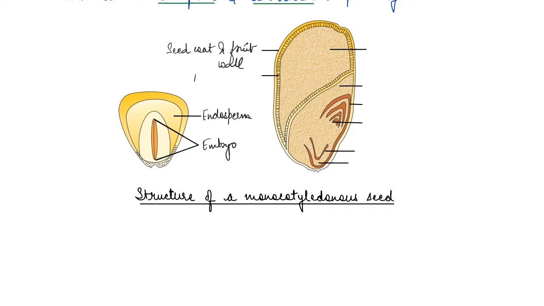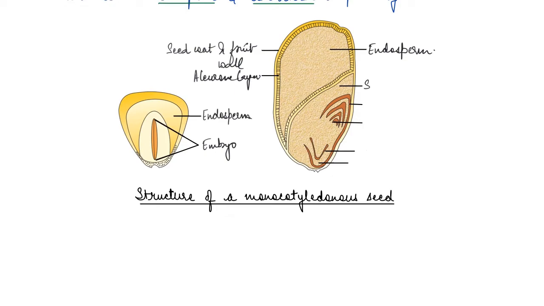Then comes the aleurone layer. This is the outer covering of the endosperm, which separates the embryo by a proteinous layer. So basically, it is the layer dividing the outer covering of the endosperm and the embryo, right? This is the aleurone layer. Then comes the endosperm inside.